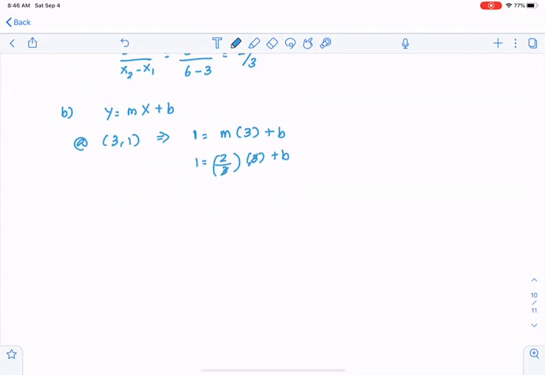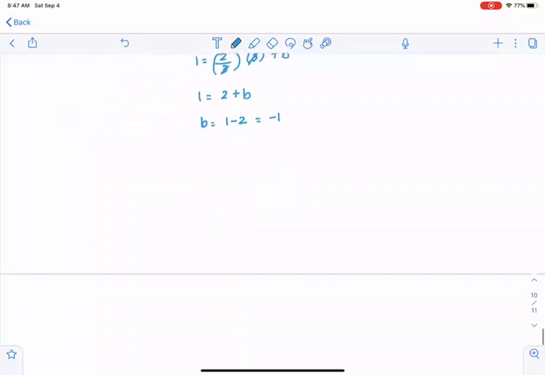The 3 and 3 would go away. 1 would equal 2 plus b. b would equal 1 minus 2, which is minus 1.